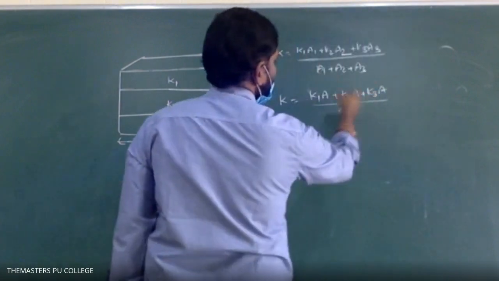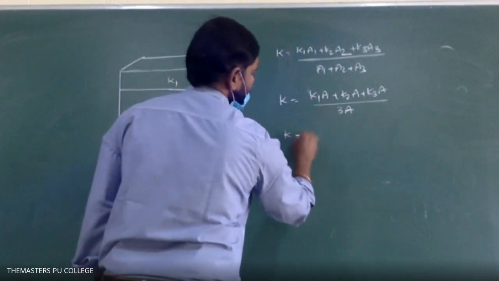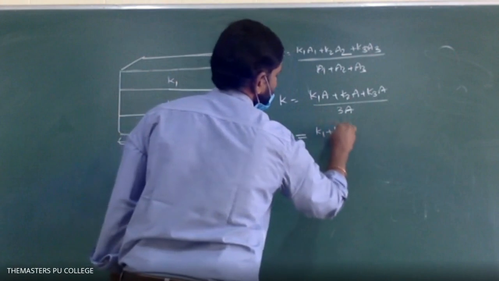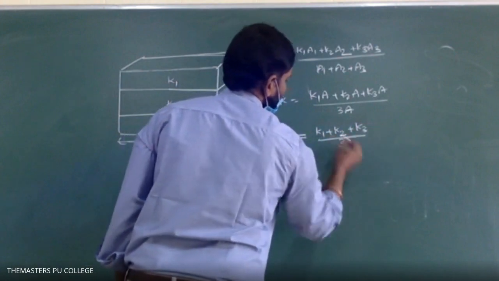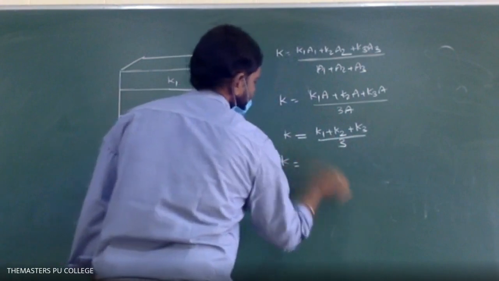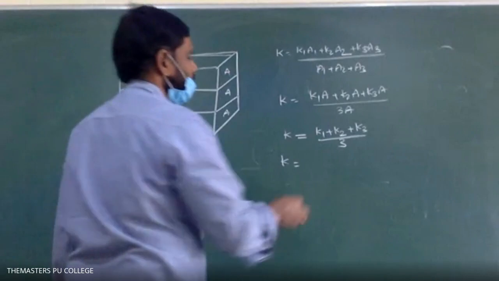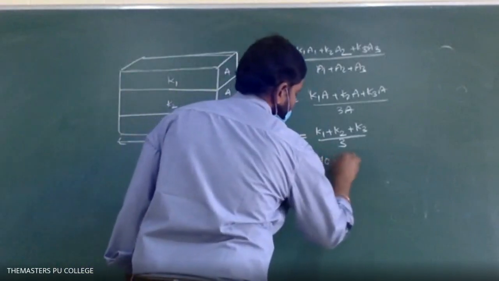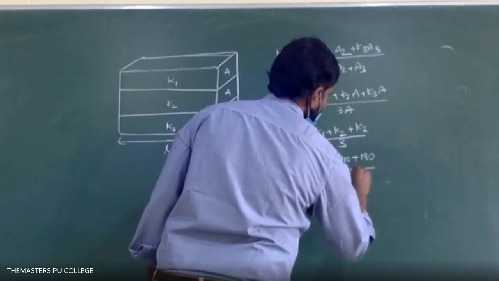If A is taken out in the numerator and cancels with the denominator, we get K equals K1 plus K2 plus K3 upon 3. The values are 70, 110 and 180, so 70 plus 110 plus 180 upon 3.